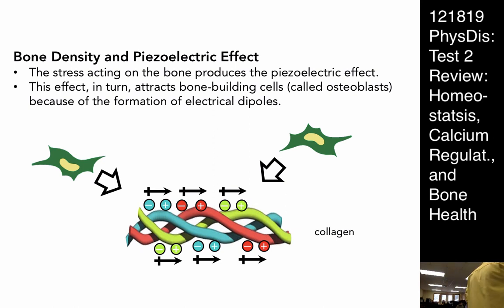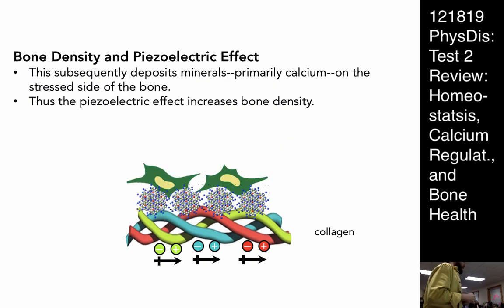And when they open up, it's going to attract the osteoblasts to the collagen, and they're going to lay down more osteoid. And as they get there, they're going to convert to osteocytes and lay down hydroxyapatite. So say this is the line of stress.